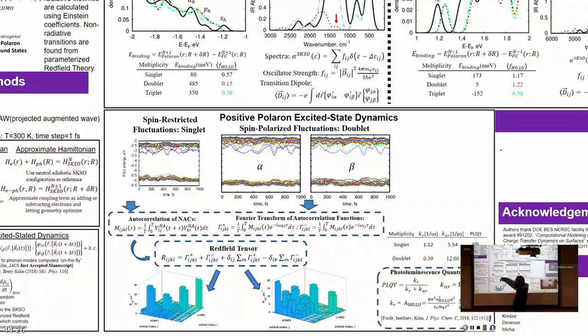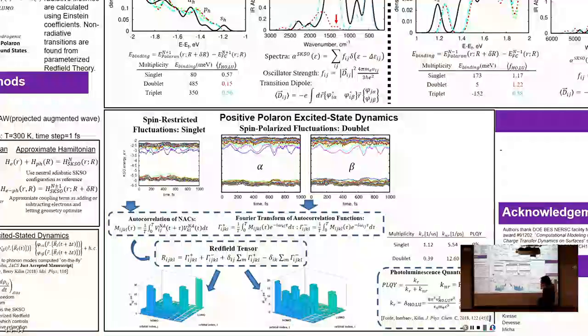So you have fluctuations, and to extract the nuclear degrees of freedom that couple to electron degrees of freedom, we do some post-processing. We compute autocorrelation functions of our non-adiabatic couplings along the trajectory, which is shown in the methods.